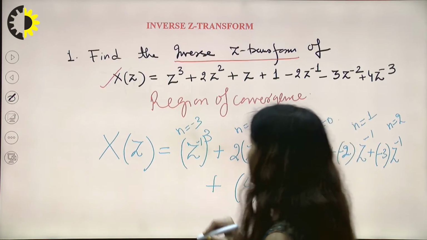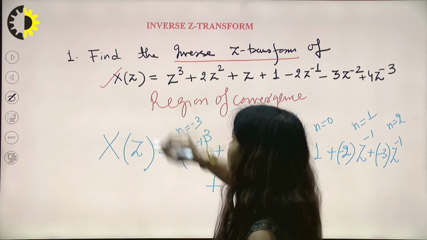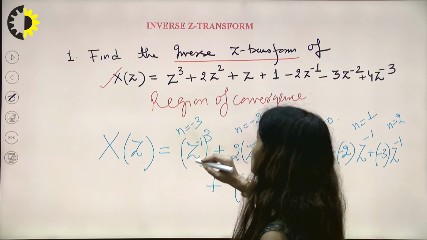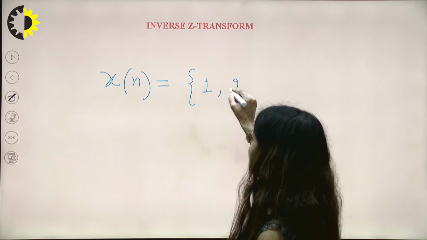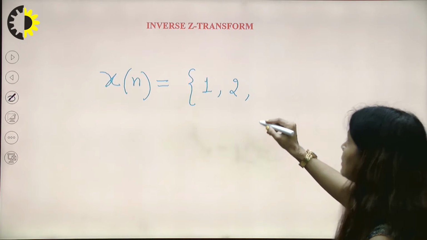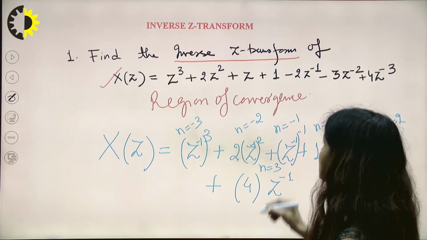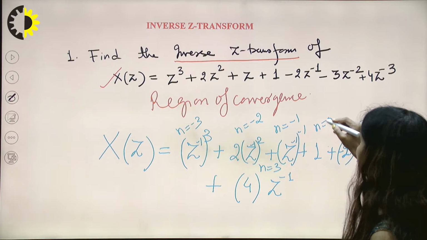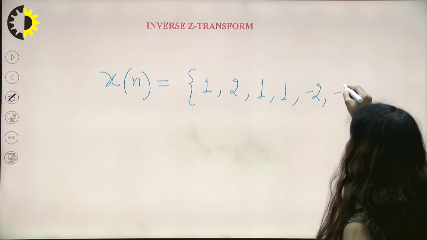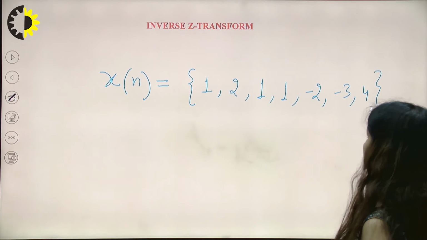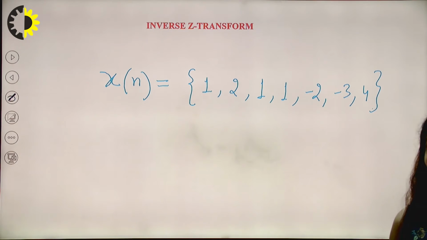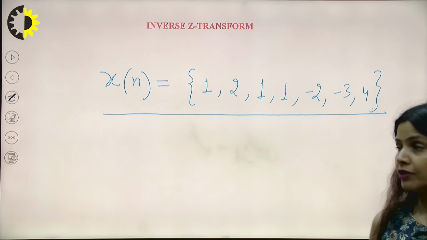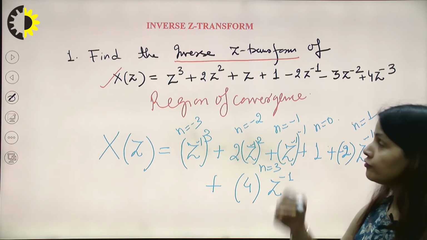We can directly write from here: 1, 2, 1, 1, minus 2, minus 3 and 4. So this is how we can write the sequence directly from this form of X(z).